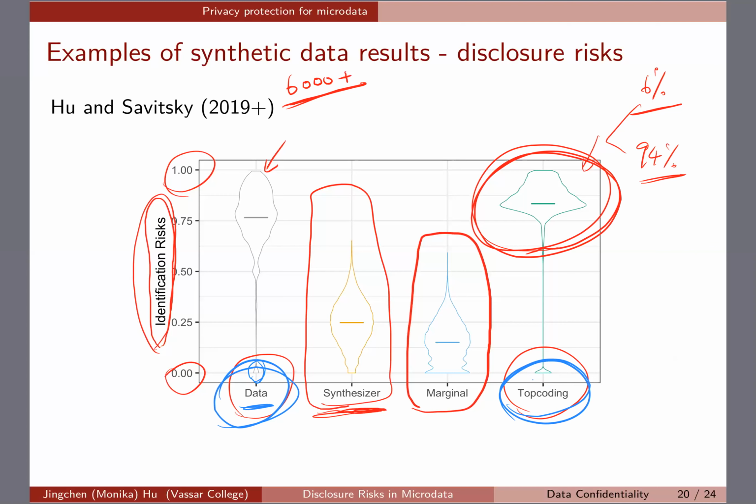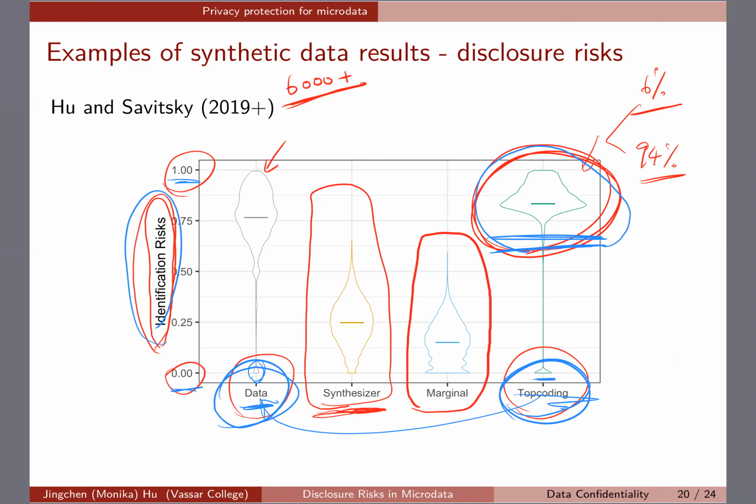So that's why you see a bigger count of those observations over here, compared to the one in the data, okay? But the top coding, unfortunately, left the 94% untouched, and that will still give you really high identification risk. So again, the identification risk goes from 0 to 1, and the higher the worse, the lower the better. Okay?